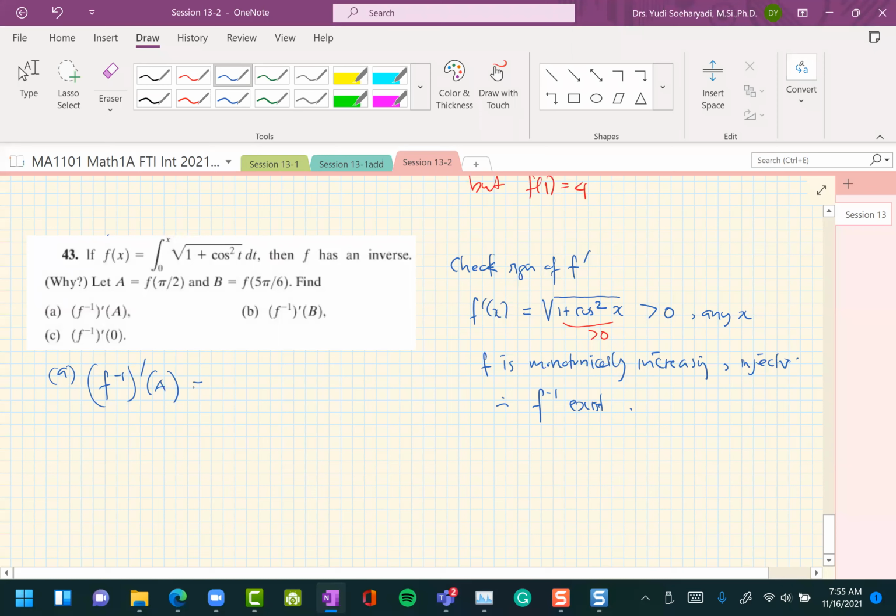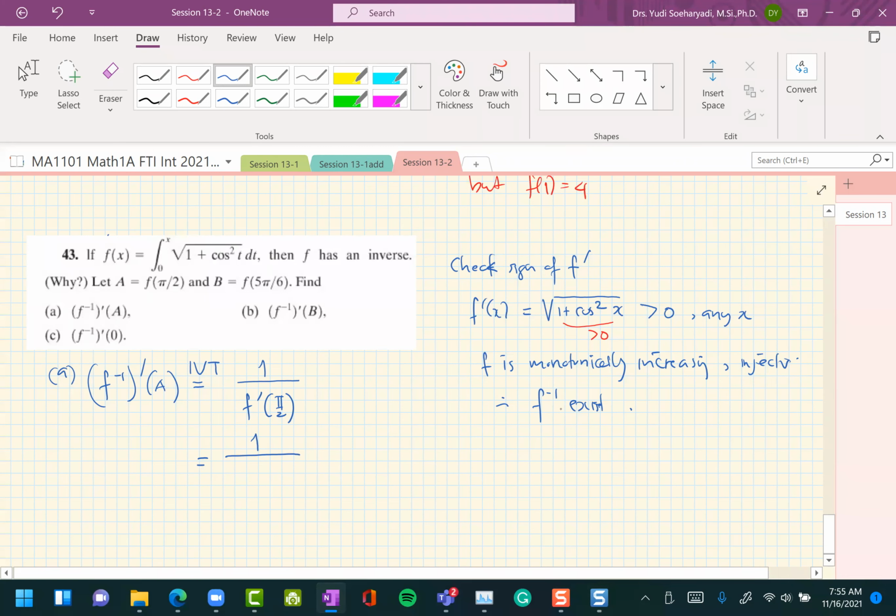By the inverse function theorem, it is 1 over F prime at pi over 2. Okay, so let's compute that one.